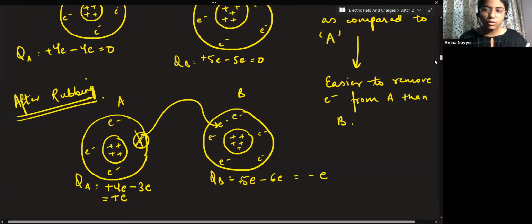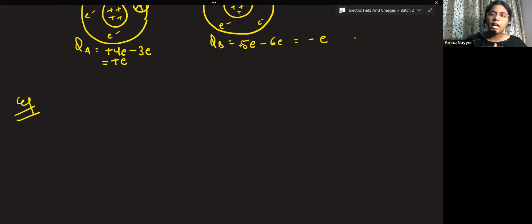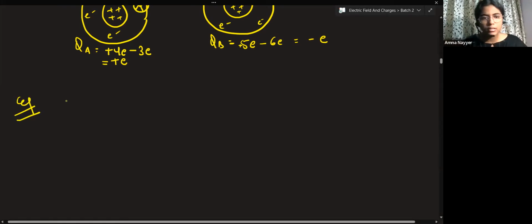One more thing that you should remember, just for your questions and for your basic theory knowledge: we have a few conventions. What happens if you rub a glass rod with a silk cloth, by friction?